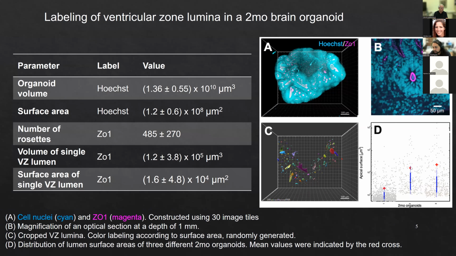In figure D, you can see the distribution of the apical surface in 3 different 2-month-old organoids, where we have about 480 of these rosettes or apical surfaces inside. That's a quite nice example to show the potential that we have when imaging in mesoscale.